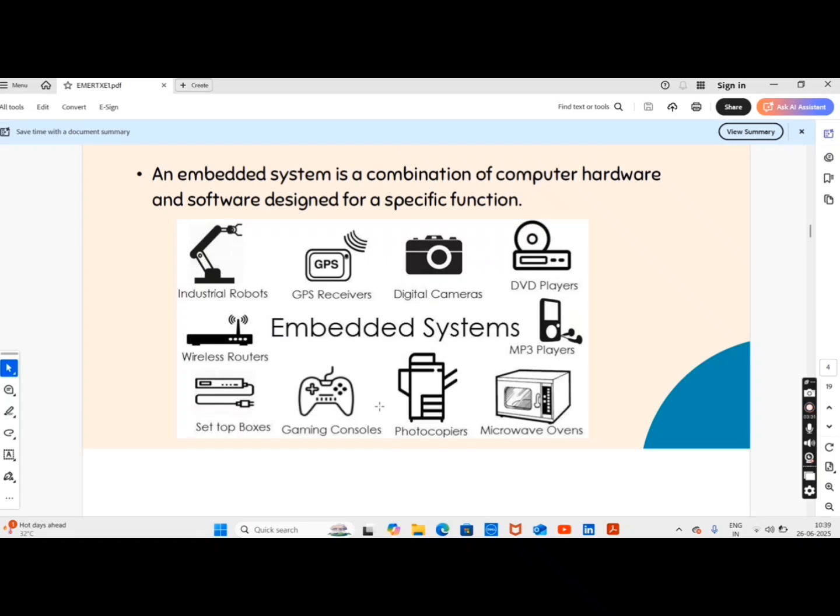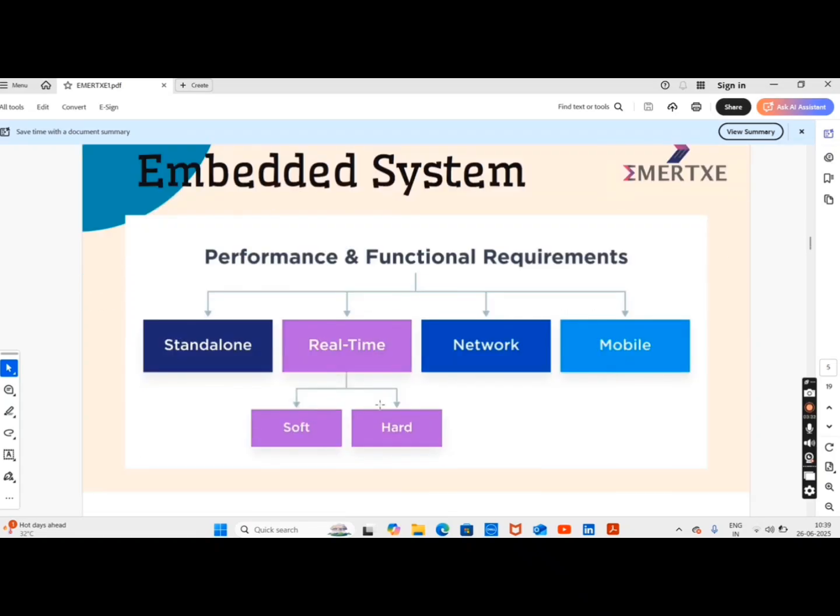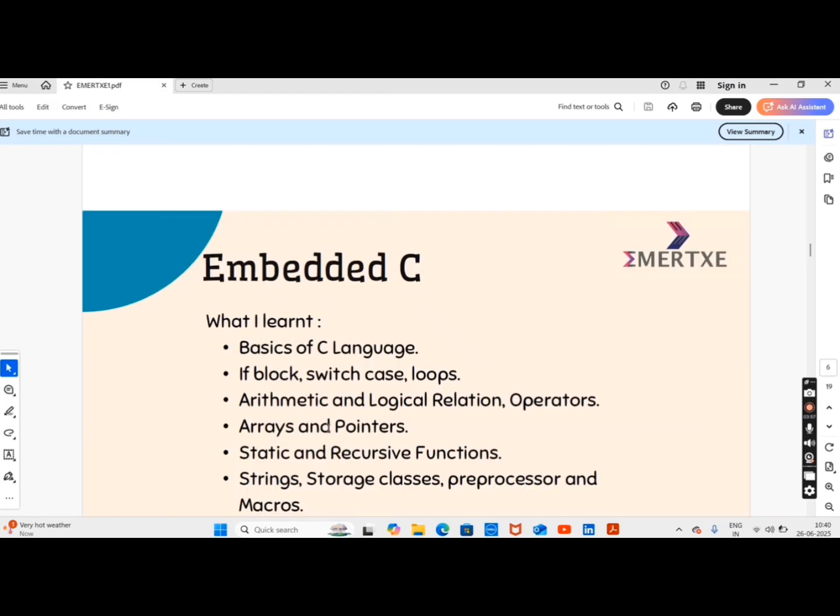Now we move to the next slide, which is also about embedded systems. In this we talk about performance and functional requirements. Functional requirements contain standalone, real-time, network and mobile. Real-time, we say, involves software as well as hardware. Now we move to the next slide.